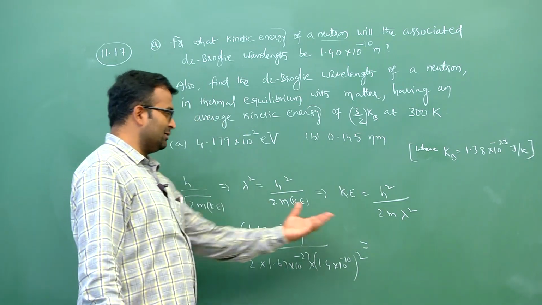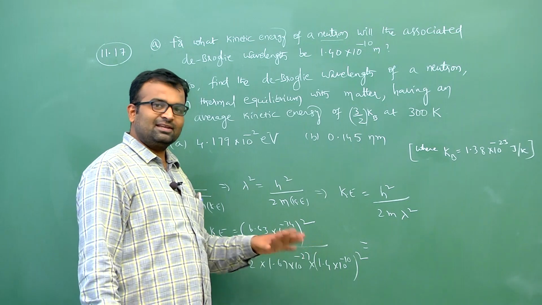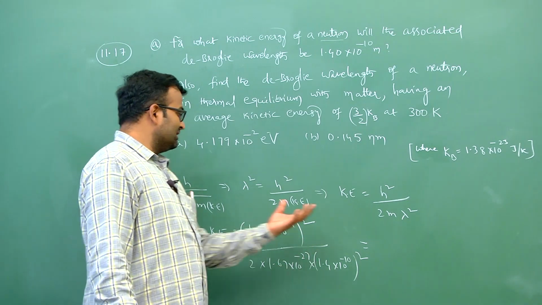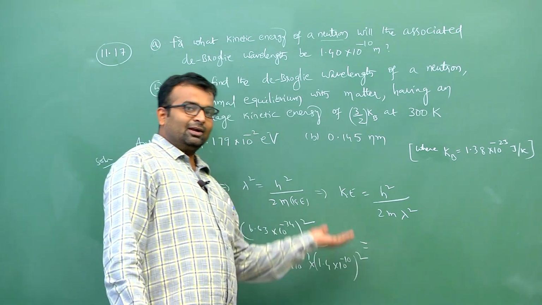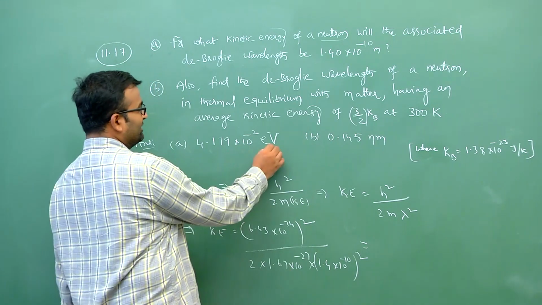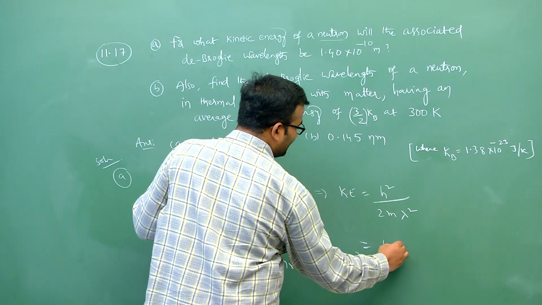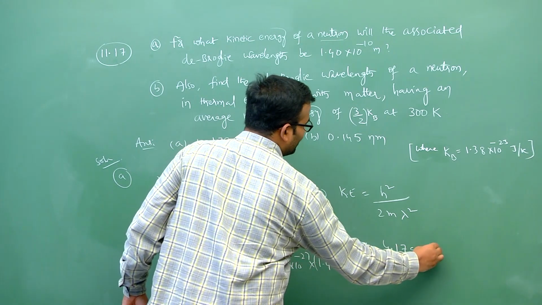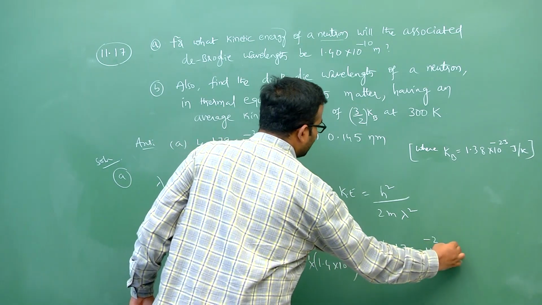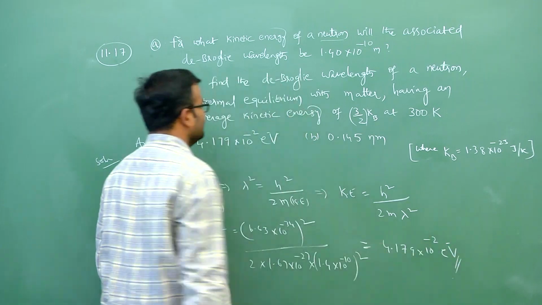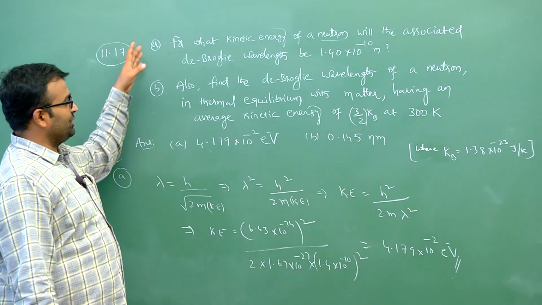Kinetic energy will obviously be in joules because all the values are substituted in SI units. After getting the joule, it is converted into electron volt, because the final answer is in electron volt. After converting to electron volt, it will be something around 4.17 into 10 to the power of minus 2 electron volts. This is how you can solve question A.